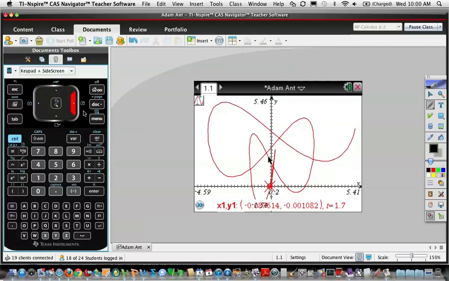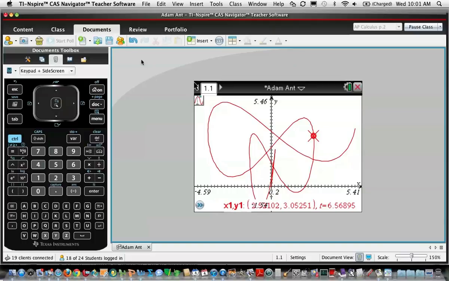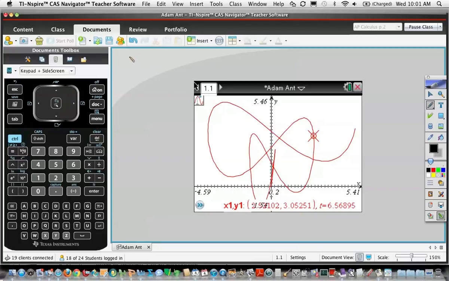Now, yesterday we had a number of people telling me on their calculator that when we were going from 0 to 4 pi, that's from 0 to about 12 point something, the t-step would only let us go 0.063, even though we tried to set it to 0.01, it kept resetting to 0.063.